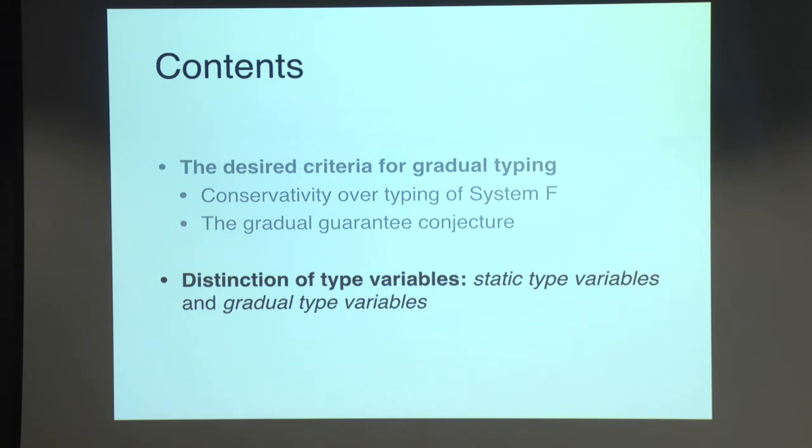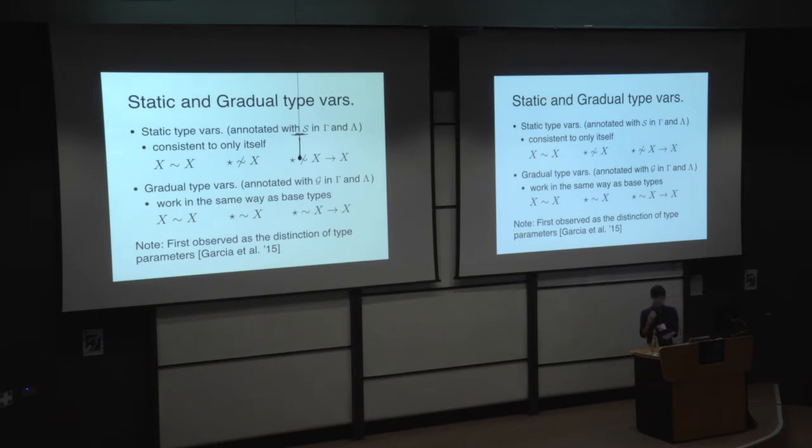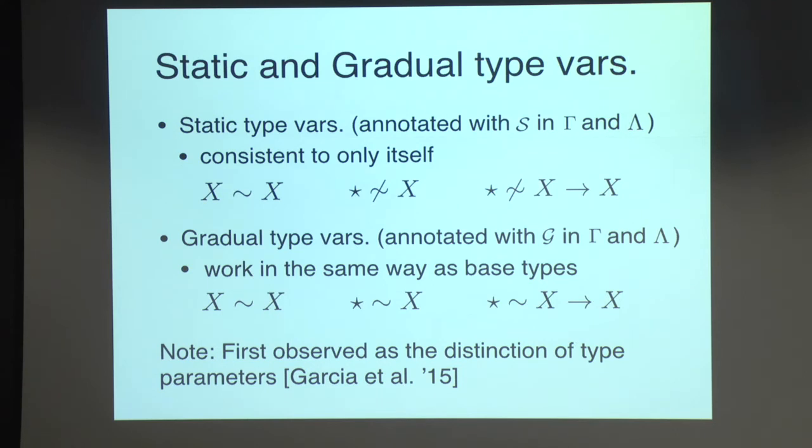Okay, the second topic is the distinction of type variables. In the target language System FC, we have two kinds of type variables. One is a static type variable, annotated with S in gamma and big lambda. It can be consistent only with itself. So the leftmost consistency relation holds, but the others do not.